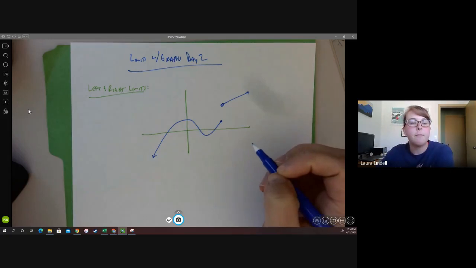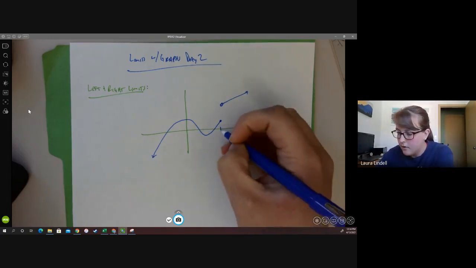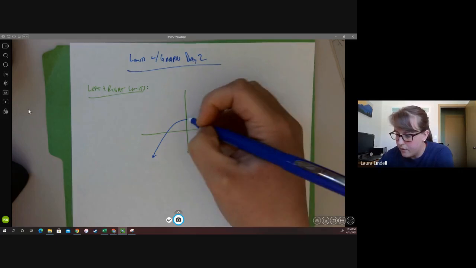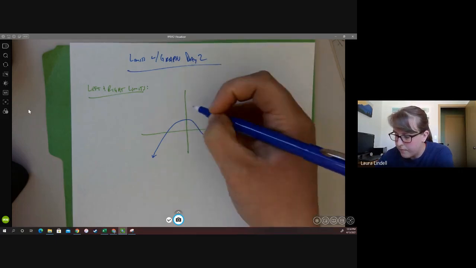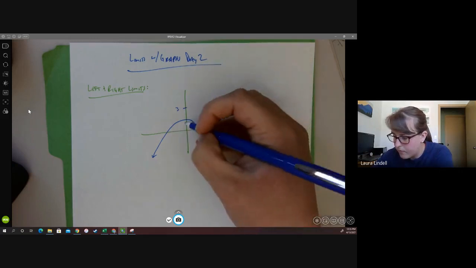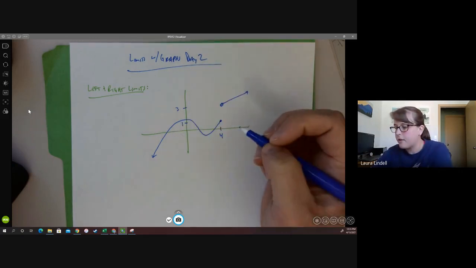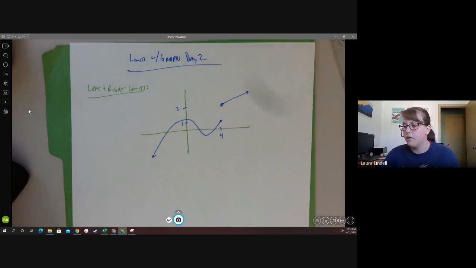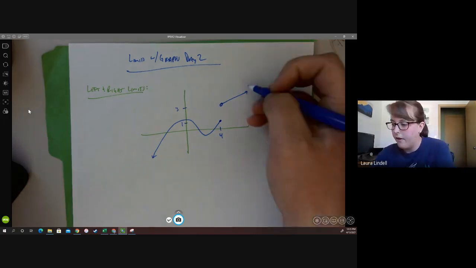This one is. And we might be asked for the left limit or the right limit of f of x.